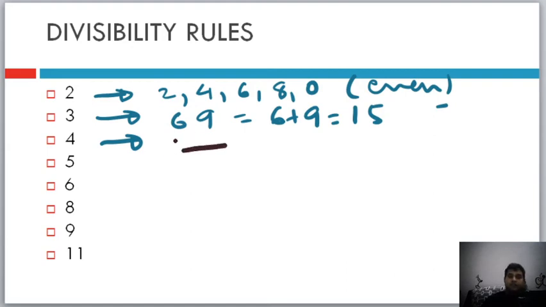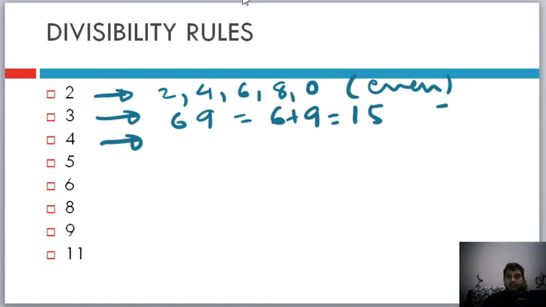Okay, so for example, the last two digits, if they are divisible by 4, the number will be divisible by 4, and I will tell you the rationale behind it. Which basically means that for all the 2-digit numbers you will have to basically divide that number and see if it is divisible by 4 or not. But for numbers which are more than 2 digits, you pick up the last 2 digits and see if it is divisible by 4.